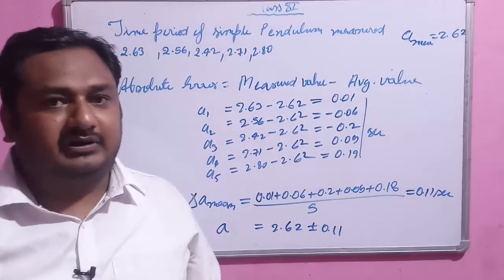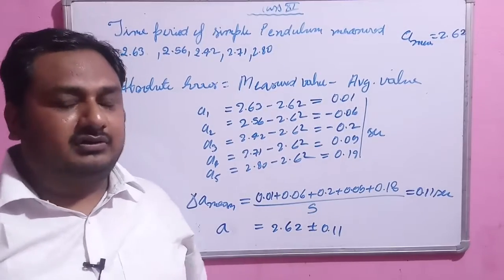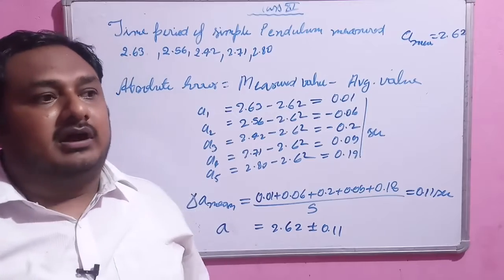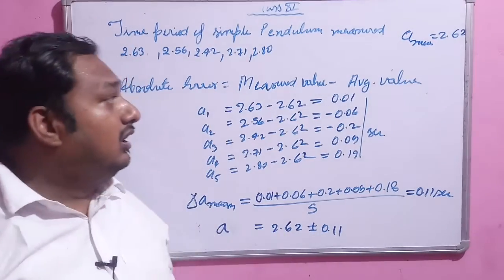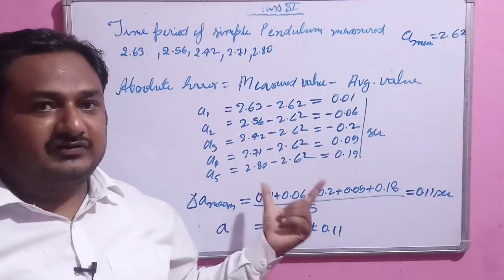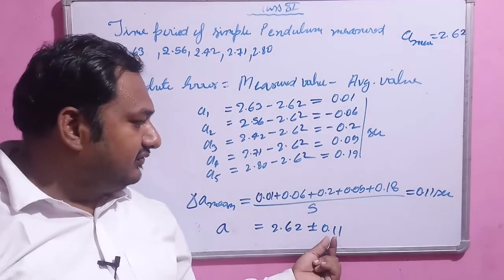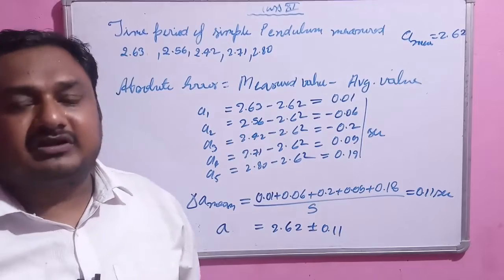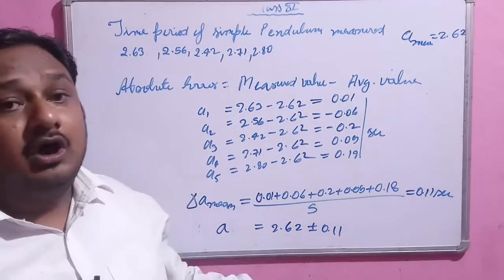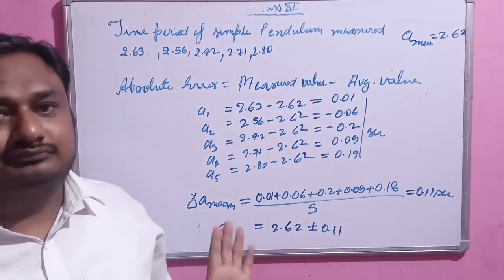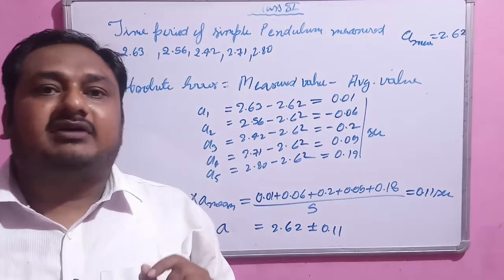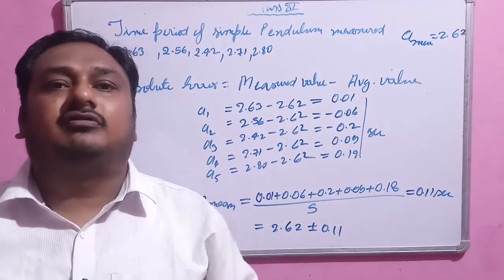We can represent our measured value, because whenever we measure some value, it consists of some error. What is our average value? 2.62. And what is the mean absolute error? It is 0.11, and it can be plus or minus. It can be more than 2.62, or less than 2.62. I hope you are getting my point. Suppose I give a task to measure the length of your ground.